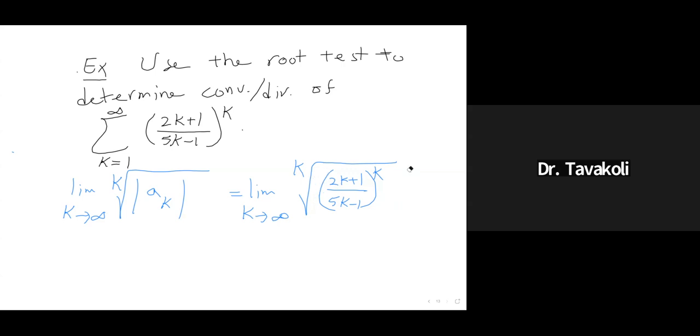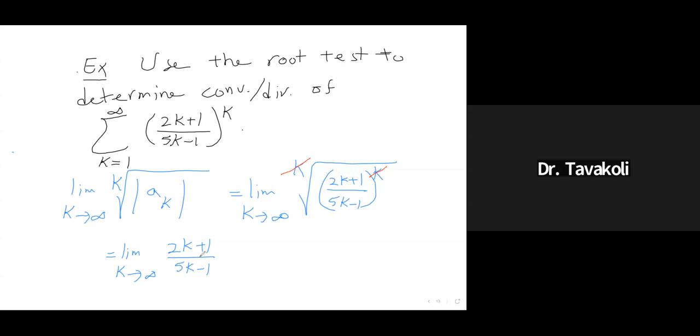As you know from basic algebra, the kth root of a positive thing to the power of k, these two cancel out. So k and k cancel out. So what I have is the limit as k tends to infinity of 2k plus 1 over 5k minus 1. What do you think this limit is?